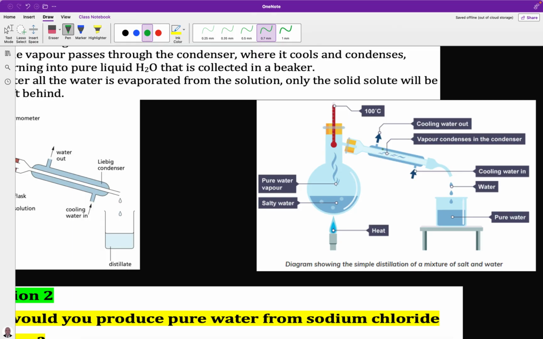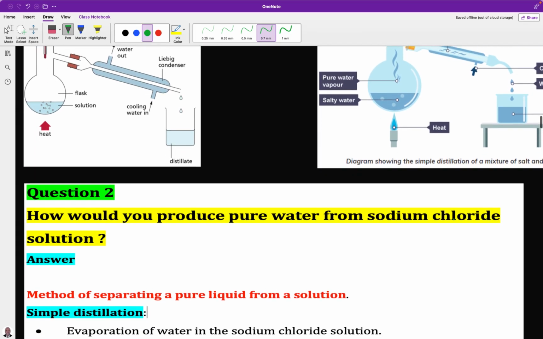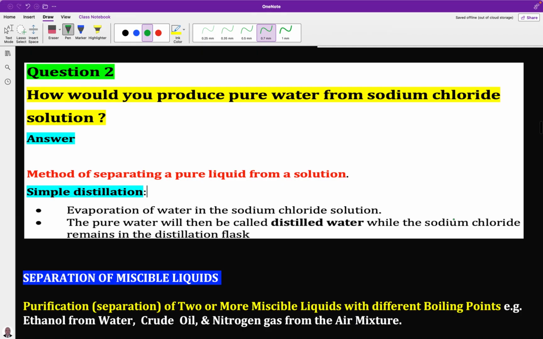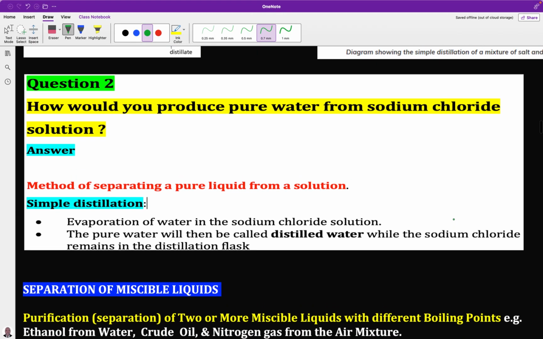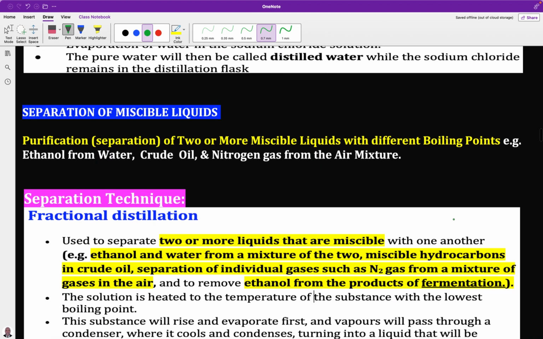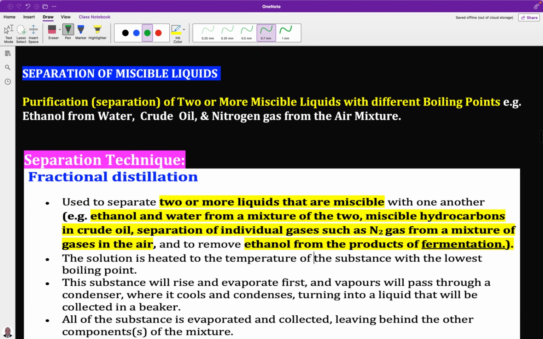And when it is condensed, the water now comes out as pure water into the beaker. It's the same procedure, while the sodium chloride will remain in the round bottom flask. Now the other section is separation of miscible liquids.